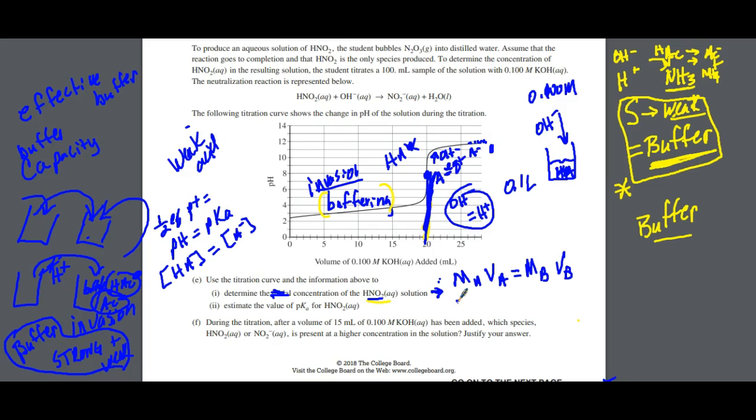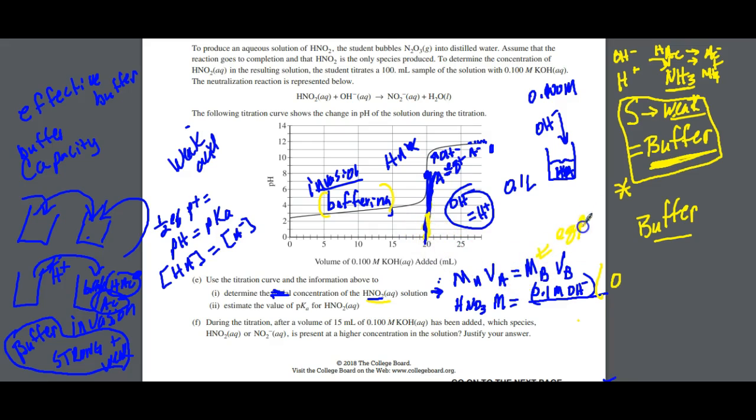And so you're going to say that HNO3 molarity is equal to the molarity of the base, which is 0.1 mole per liter, and I'm just putting OH minus, times the volume at the equivalence point, because where does this happen?